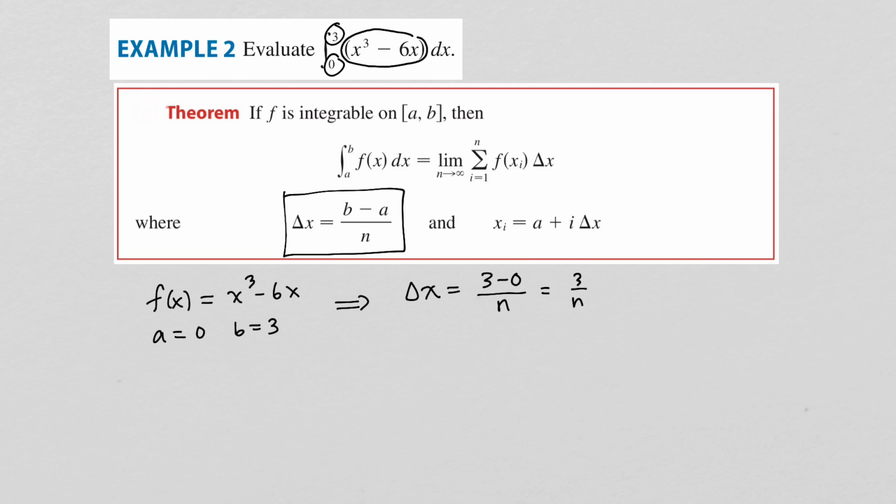Now we need to know, what is x_i? Well, the formula says x_i is a plus i times delta x. Let's remember that a is 0, so we have 0 plus i times delta x, and delta x we just figured out was 3 over n. So this is 3i over n.